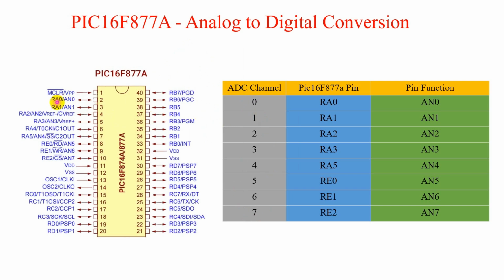In port A we are going to use RA0, RA1, RA2, RA3 and RA5, and in port E, RE0, RE1 and RE2. So totally we have 8 channels available. With the help of these 8 channels we can interface 8 different analog sensors, for example a temperature sensor, humidity or gas sensors.